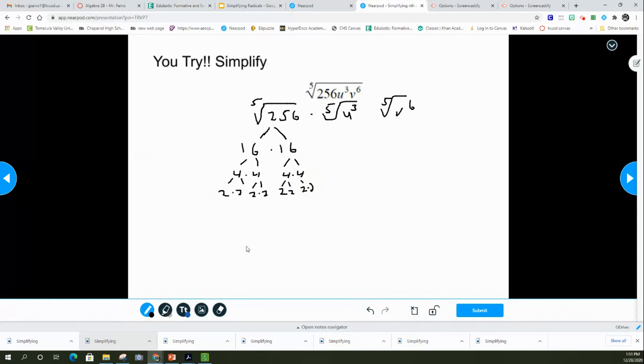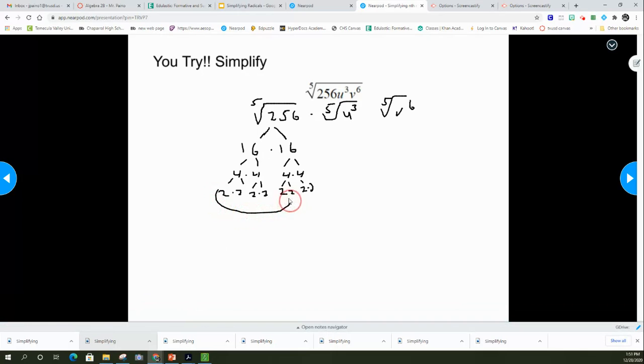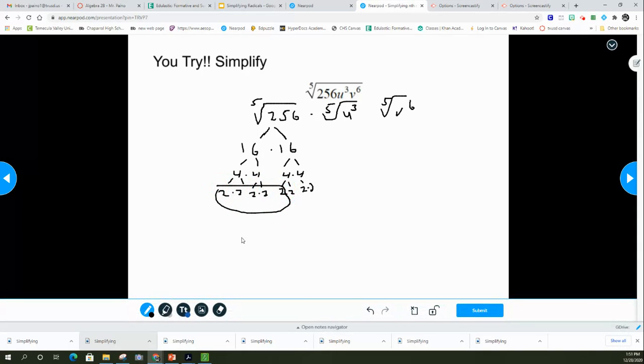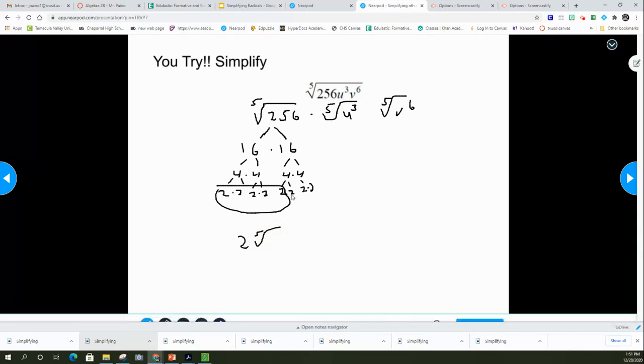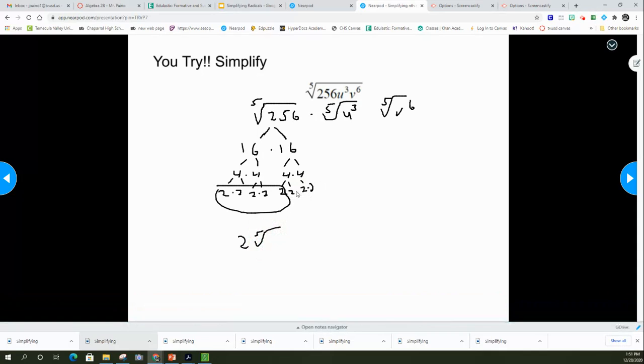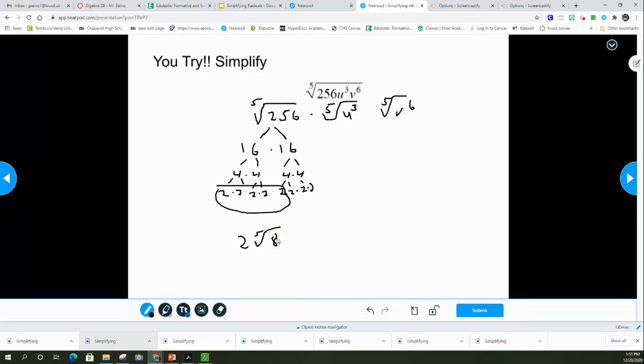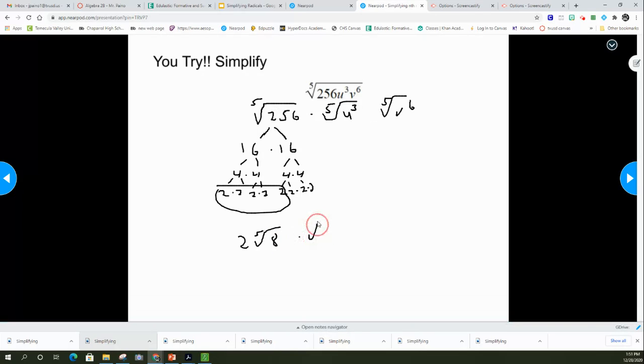Okay, so I'm looking for something that shows up 5 times, which I do have, and then I have 3 left over. So this is going to be a 2 on the outside, and then on the inside, multiply those together, 2 times 2 times 2, it's 8. So that's 2 times the 5th root of 8. Okay, this one I cannot do anything with.